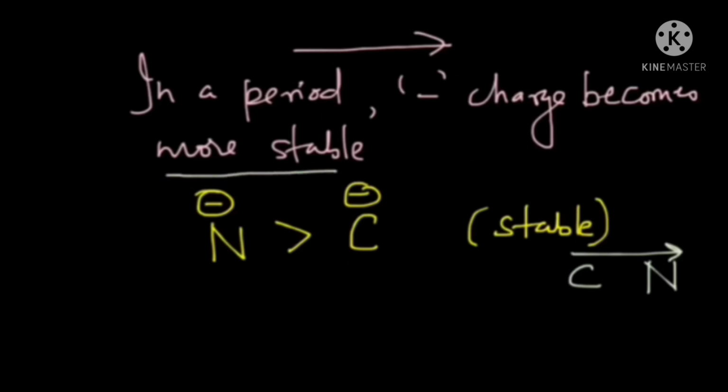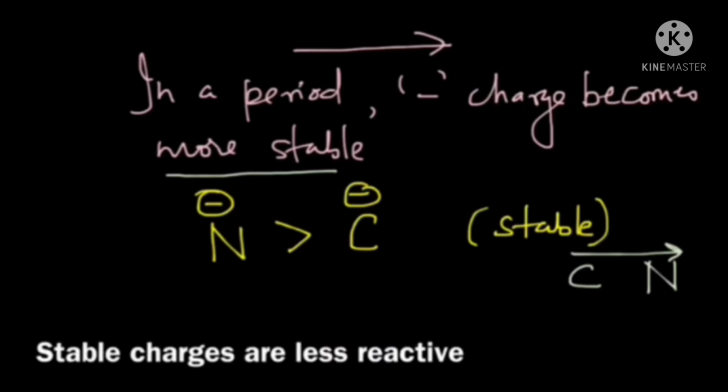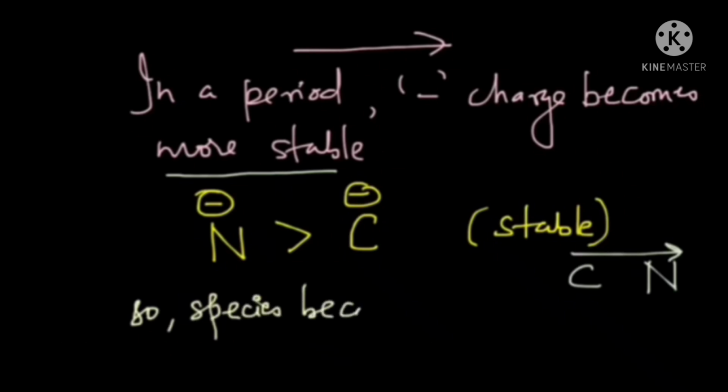Now if charge is becoming stable, reactivity decreases, right? So as the charge becomes stable, the basic nature decreases. The species becomes less basic because it is less reactive.